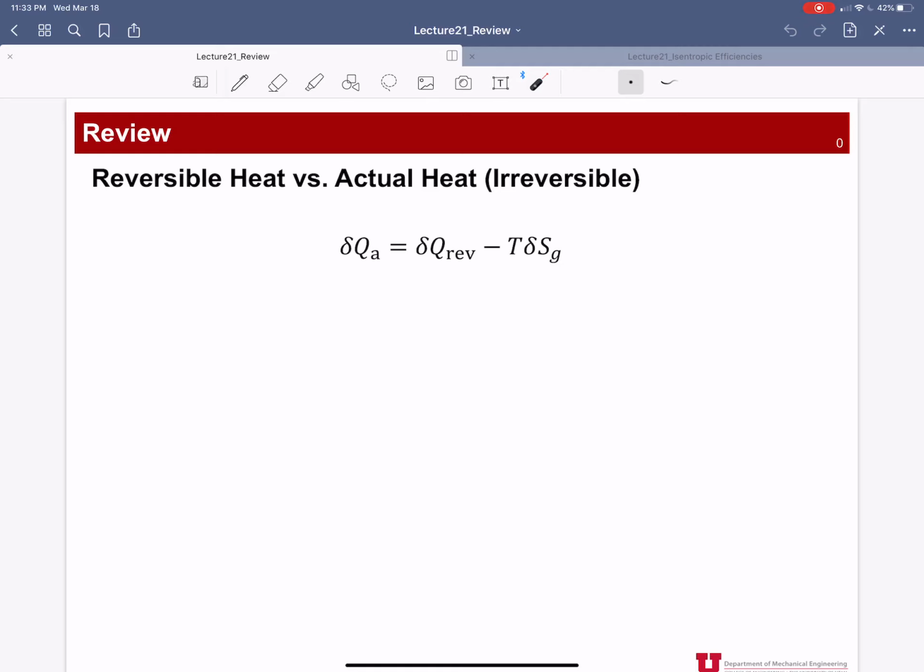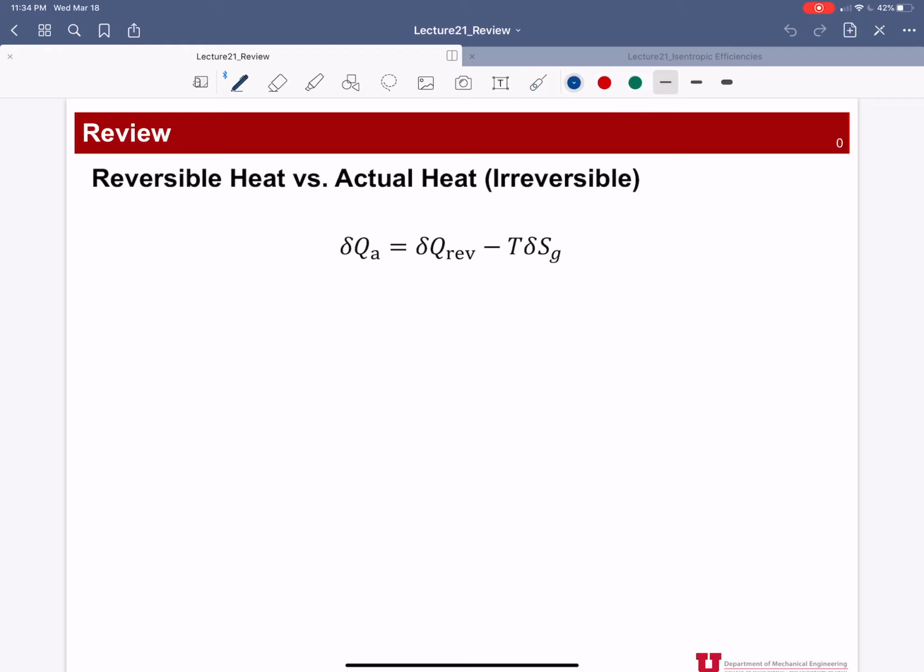What you learned in lecture 20 is basically the comparison of reversible heat and reversible work versus actual heat and actual work. In that case, actual means irreversible. Now, we derived the shown equation for heat. The actual amount of heat transfer equals the reversible amount of heat transfer minus T times delta Sg.